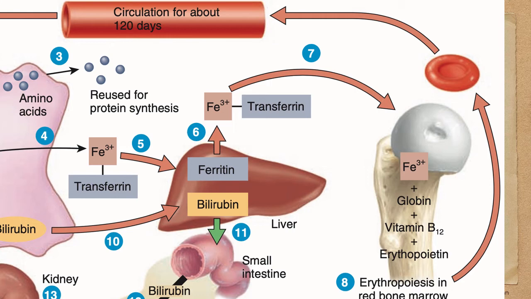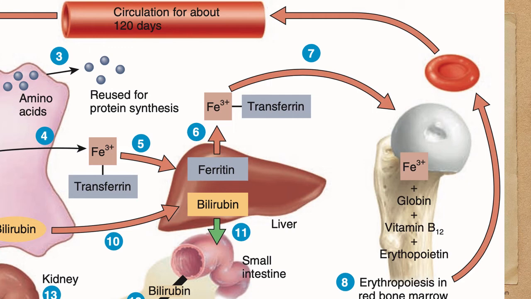So as we mentioned earlier, the Fe3 transferrin complex is carried to the bone marrow, where the RBC precursor cells take it up through receptor-mediated endocytosis. So it's being absorbed for the synthesis of hemoglobin.